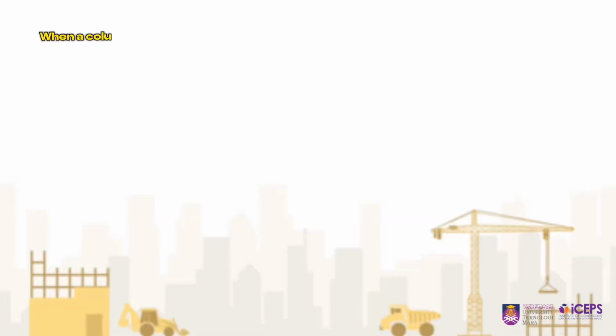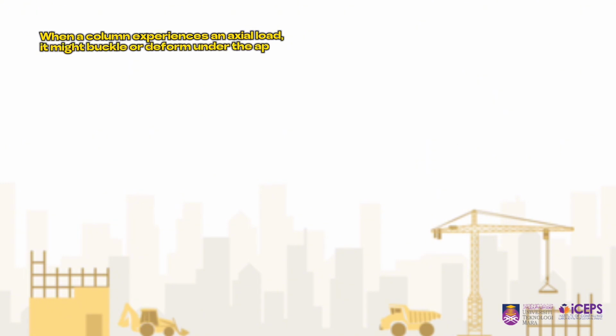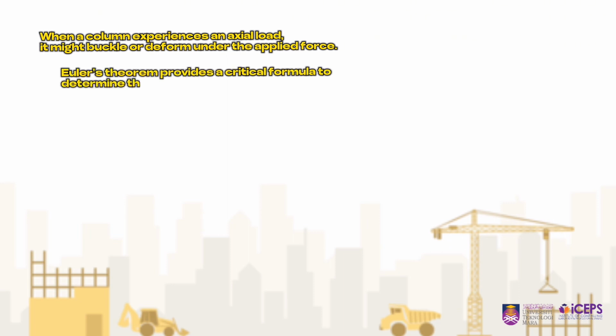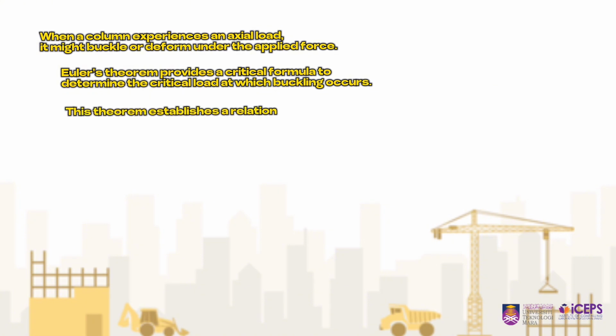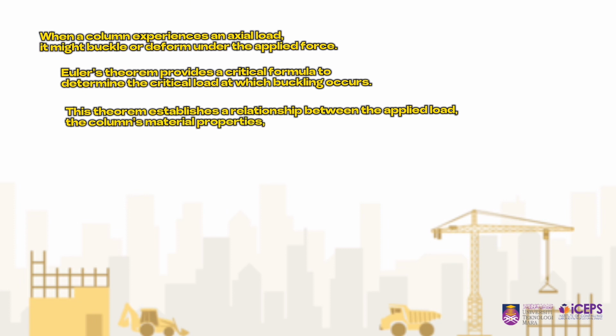When a column experiences an axial load, it might buckle or deform under the applied force. Euler's theorem provides a critical formula to determine the critical load at which it buckles. This theorem establishes a relationship between the applied load, the column's material properties, and its geometry.